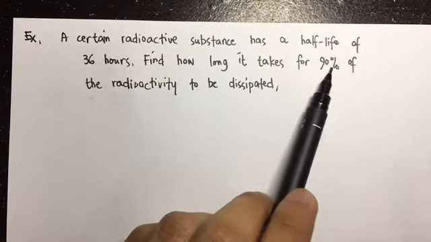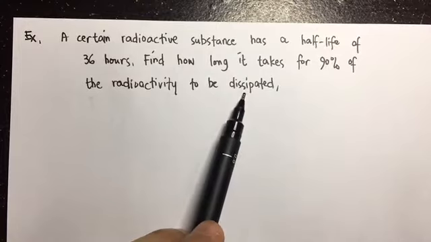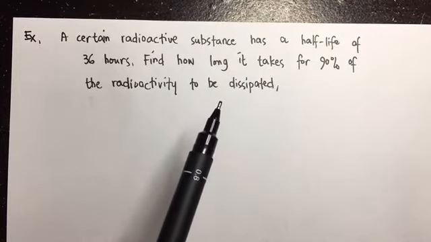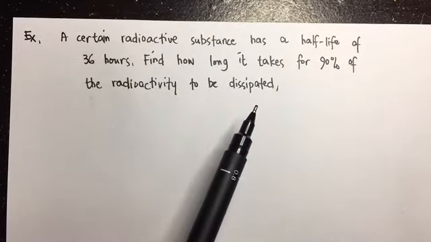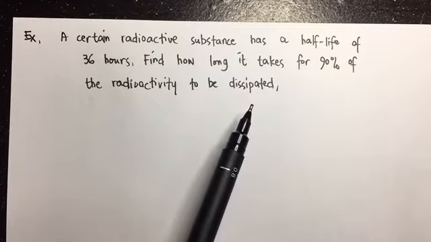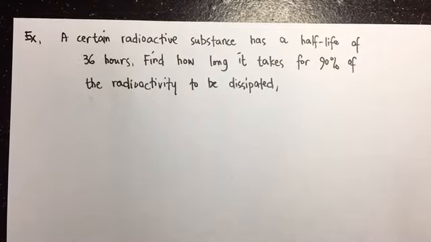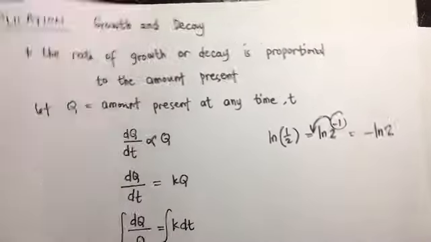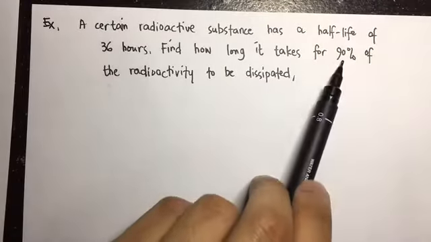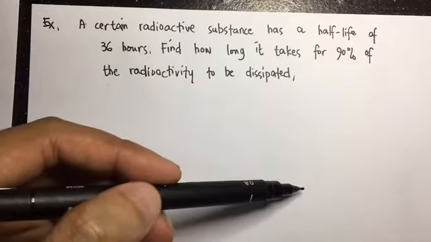If 90% of the original amount is gone, then only 10% remains. Remember that Q is the amount present. Therefore, if 90% have dissipated, only 10% are present.